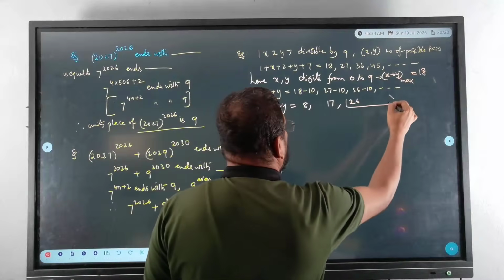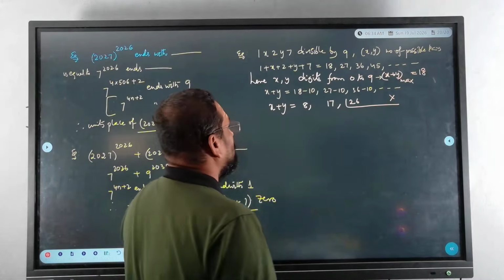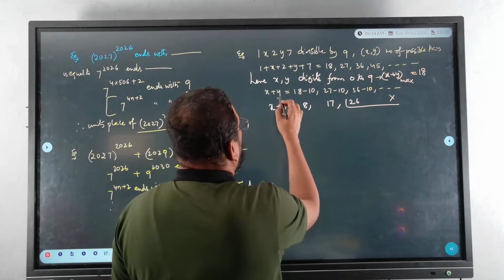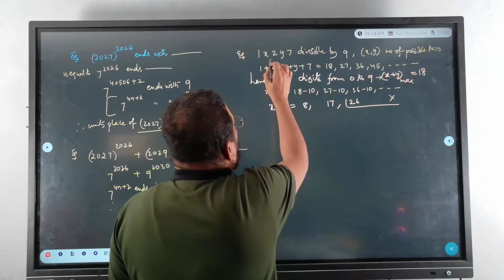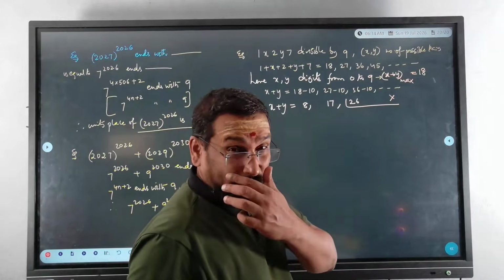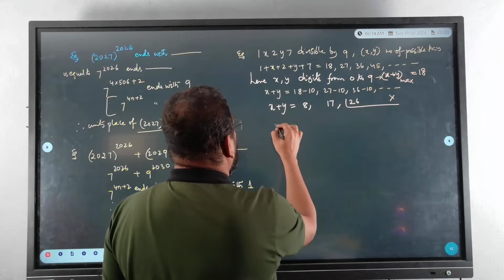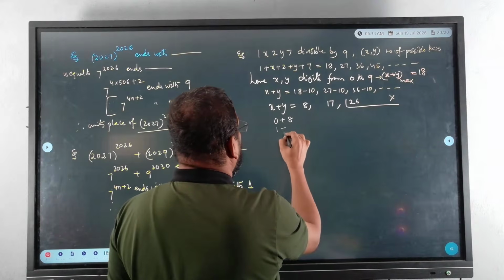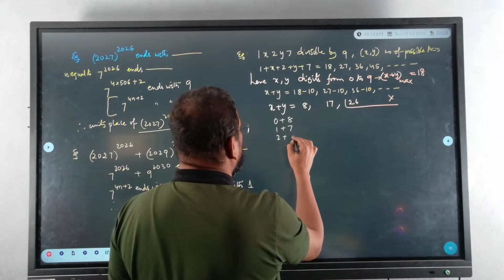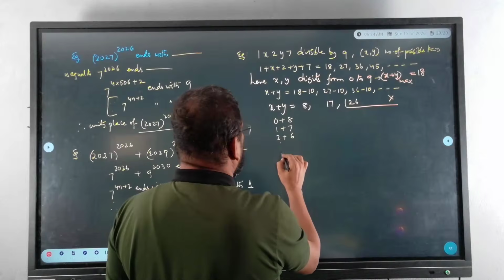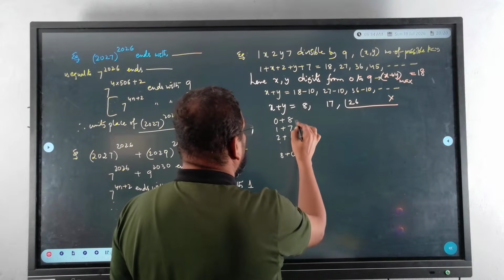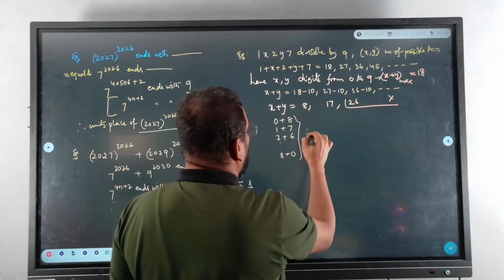From 26 onwards not possible. Verify with digits, because x and y are in between the numbers, so you can take 0 also. So 0 plus 8, 1 plus 7, 2 plus 6 and so on, 8 plus 0. So total how many? 0 to 8, 9 pairs.